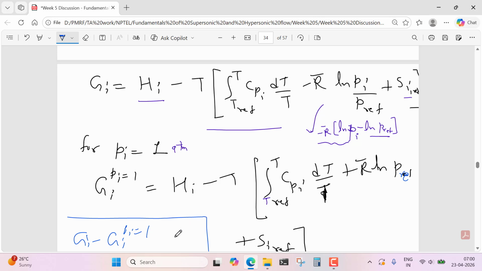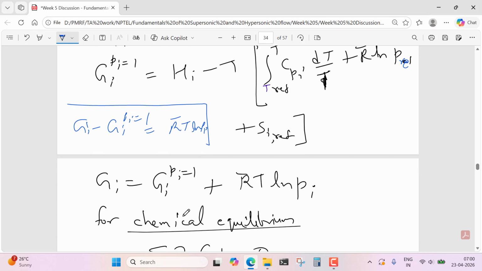So what will remain is, this minus minus will become plus, so it will become R bar T log Pi. So if we take this gi at Pi equal to 1 to the right hand side, we will get gi equal to gi at Pi equal to 1 plus R bar T log Pi.